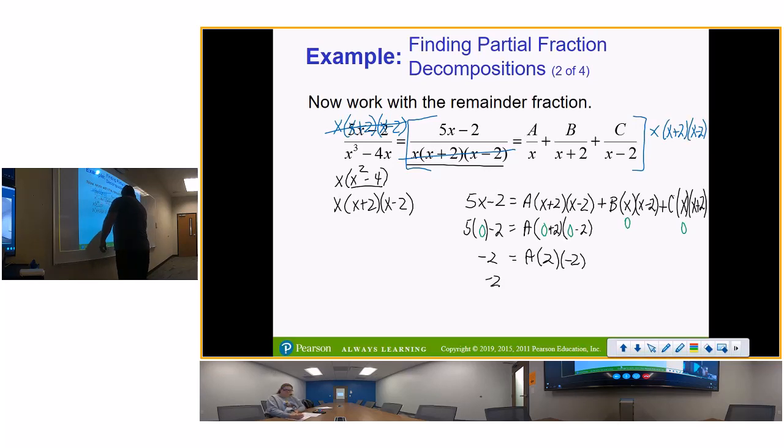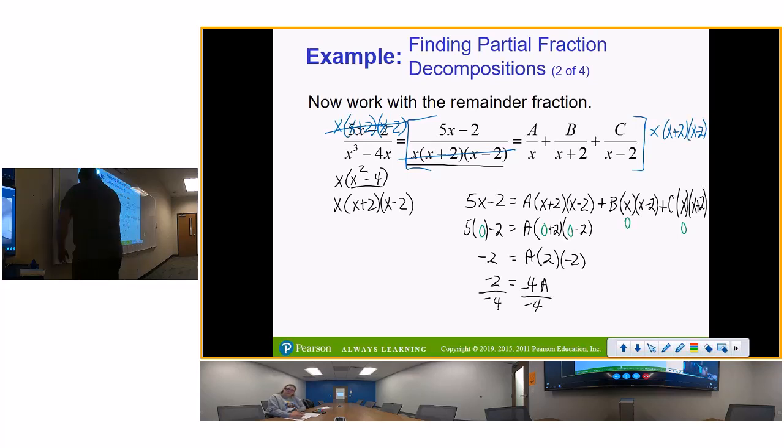Negative 2 is equal to 4a. And what's negative 2 divided by negative 4? So a is equal to what? 1/2. So put that over here to the side.